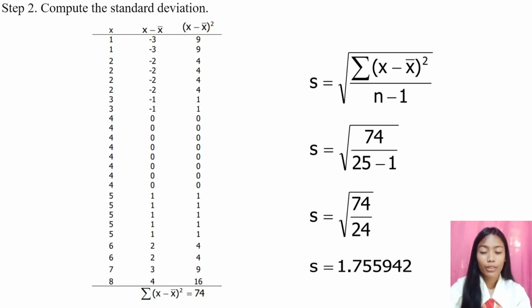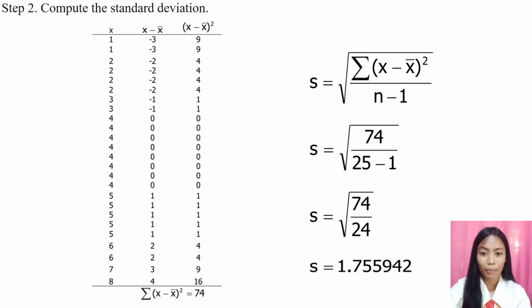Keep in mind that our mean is 4. So basically, we are going to subtract the sample ages from our mean, which is 4. 1 minus 4 is equal to negative 3. And after this, we are just going to square the difference. Negative 3 multiplied by itself is positive 9.